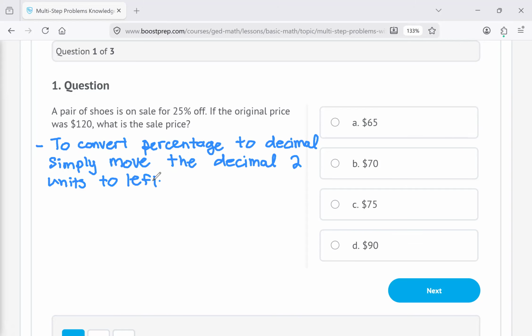For example, if you had 58% and you had to convert it to decimal, just move it 2 places to the left. That would be 0.58, right?